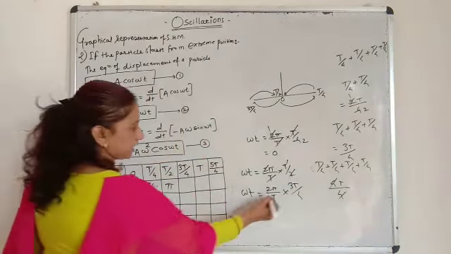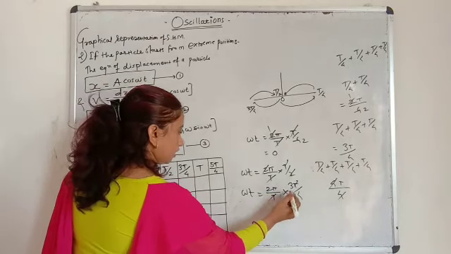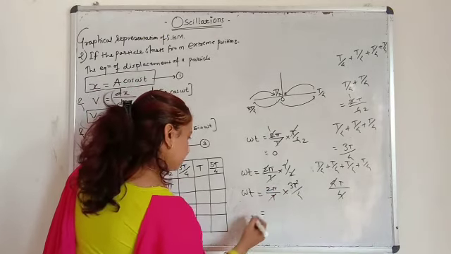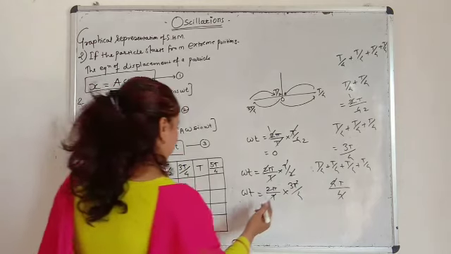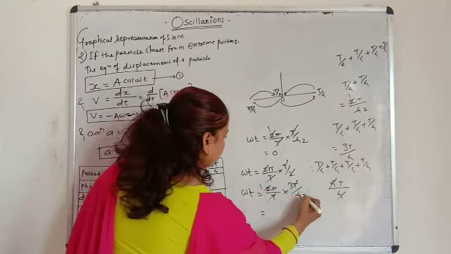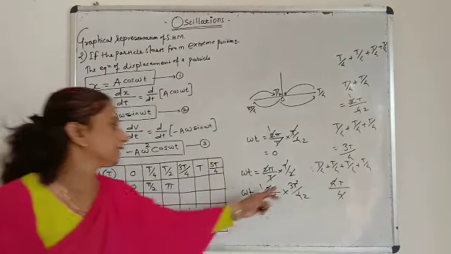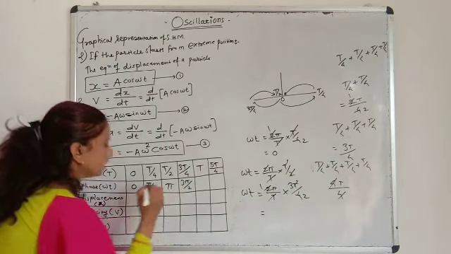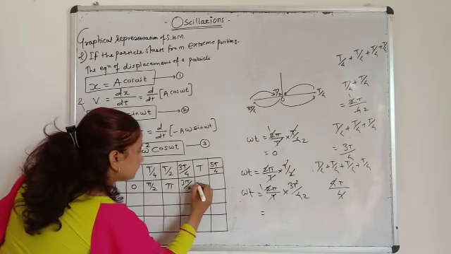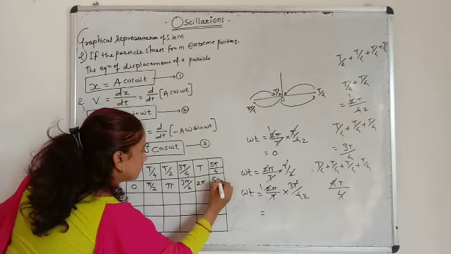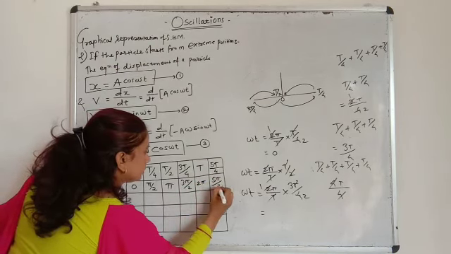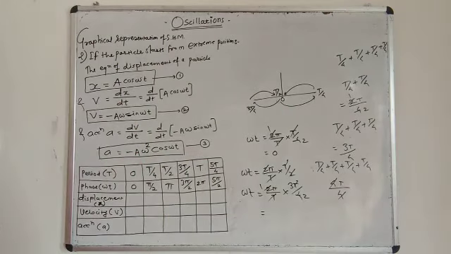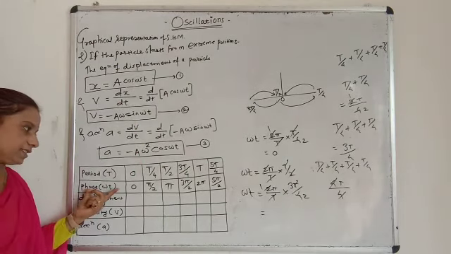So here T gets cancelled. So here this phase becomes 3 pi by 2. So here we put 3 pi by 2 here, then 2 pi, then 5 pi by 2 here. In this way we calculate this phase here.